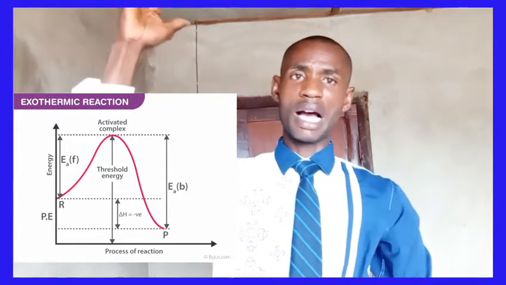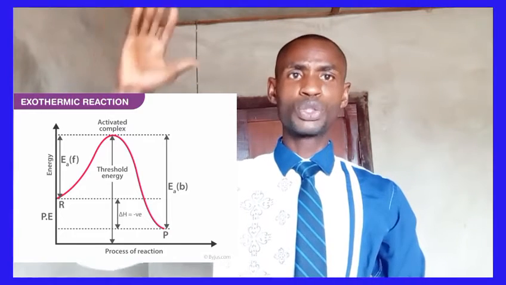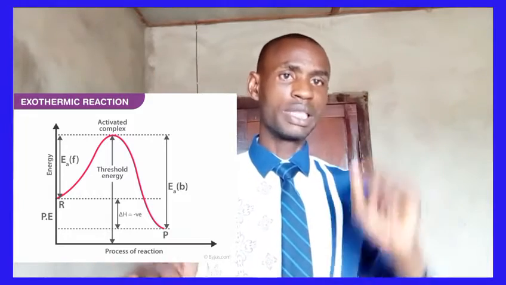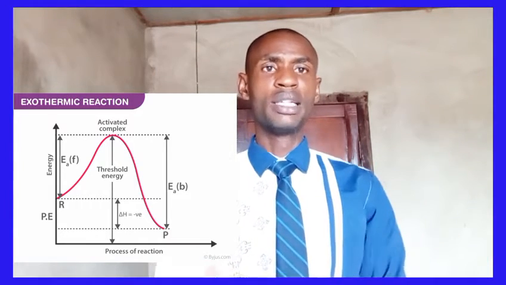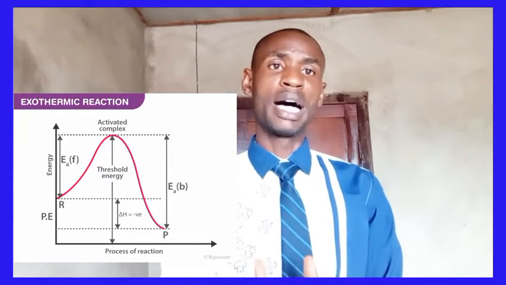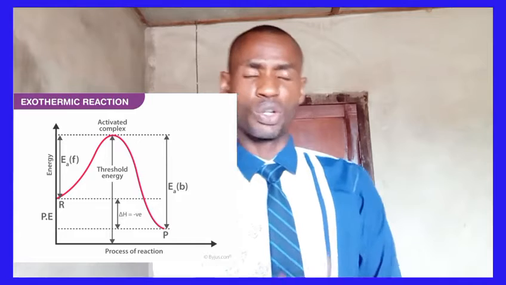The first line up there shows the reactant, and we have the curve down to form the product. Between the reactant, the one that is up, and the one that is down, is what we call the enthalpy change, the heat change of the reaction.